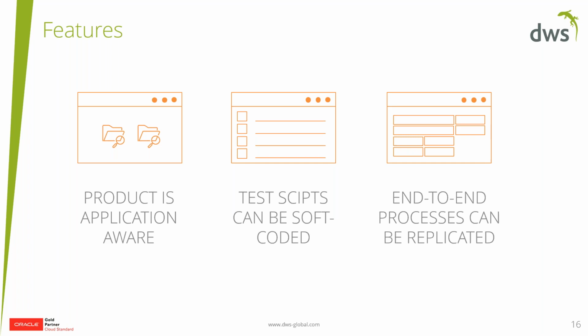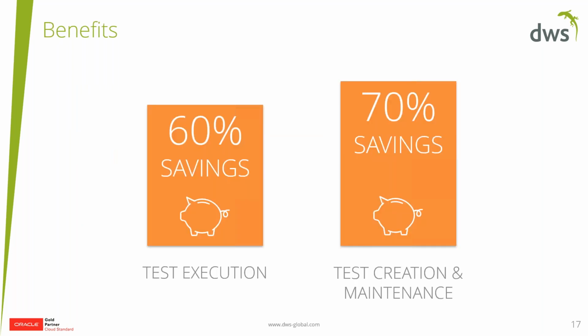And within SwifTest, it's able to really replicate your end-to-end business processes, so you're able to understand how everything would be working together after an update. A couple of benefits that our customers see are 60% time savings on test execution, and even higher, 70% savings on test creation and maintenance.